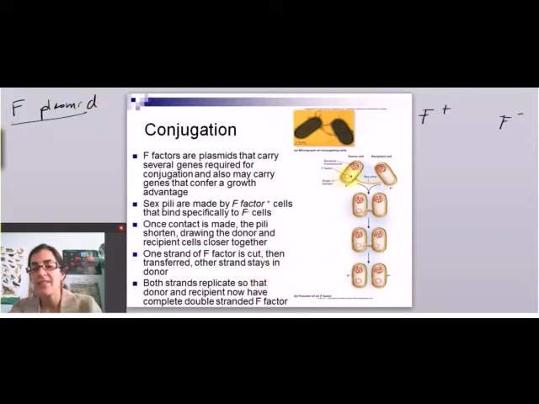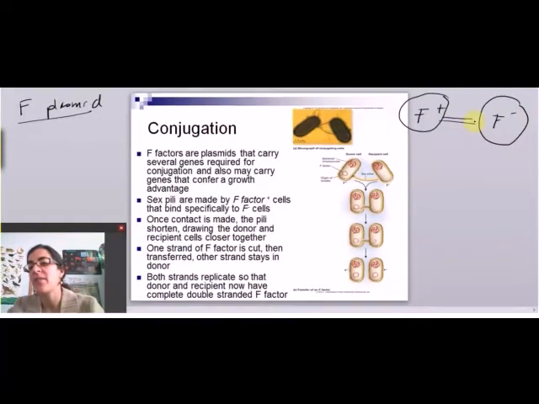A cell that has the F plasmid will make a structure called a sex pilus. And the sex pilus will move from the F positive cell to an F negative cell and attach to it. So the F positive cell sends out this structure to the F negative cell and attaches to it.